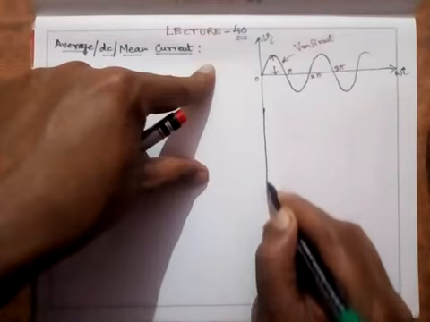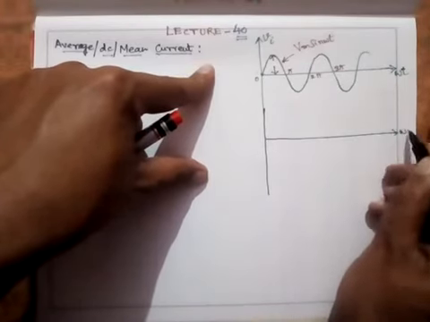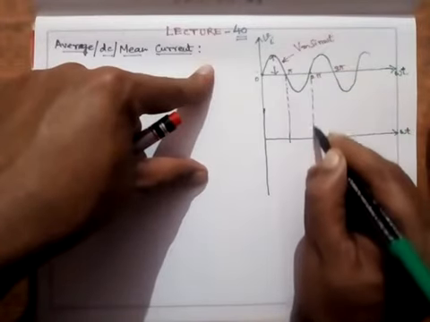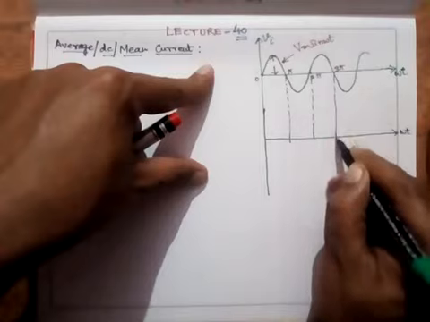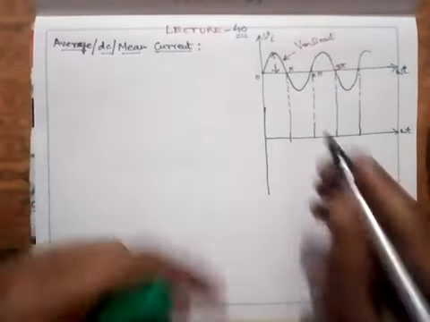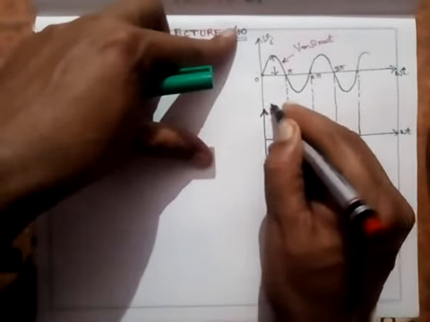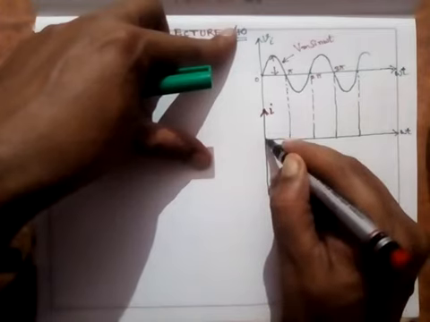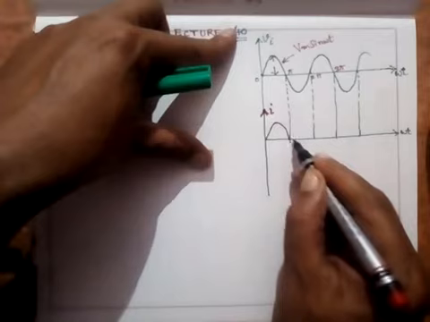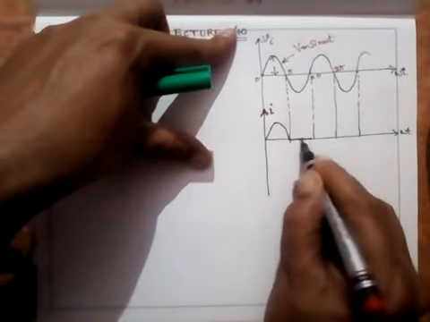And the output of this rectifier that we obtained was something like this. If this is omega t, I dropped these points here. This is pi, then 2 pi is dropped down here, 3 pi is dropped down here, then of course this is 4 pi, and so on. Suppose I say that this is the output current I. The output that I obtained was of a sinusoidal nature for this half, 0 to pi, and it is 0 between pi to 2 pi.